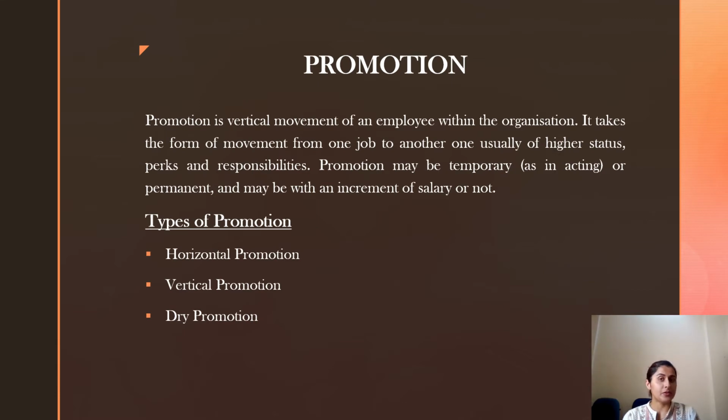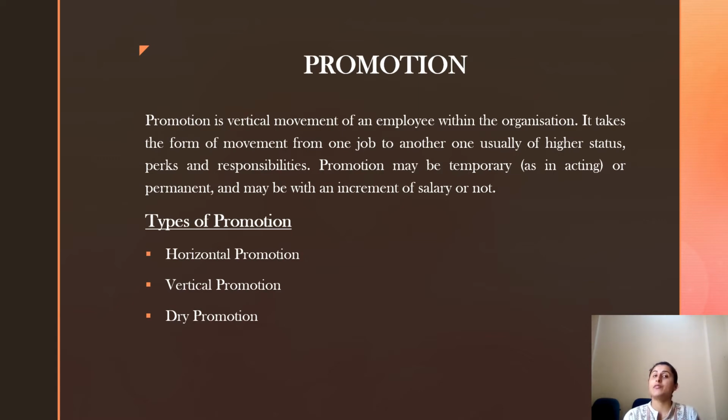Then the third promotion is your dry promotion. Dry promotion is a kind of horizontal promotion, but without change in the salaries, increments or perks.